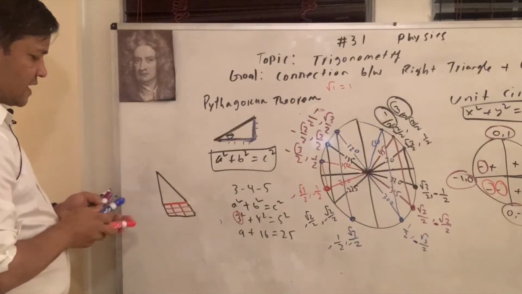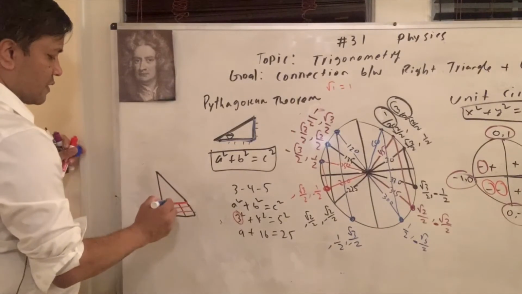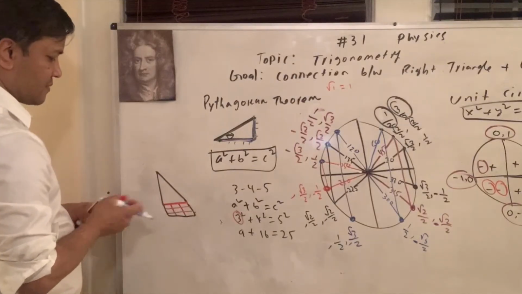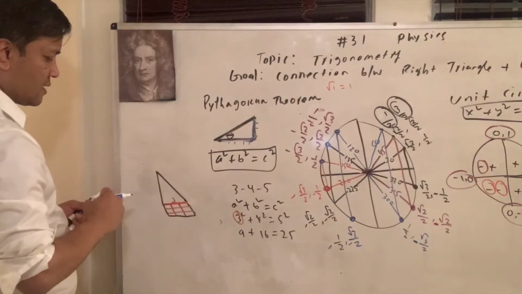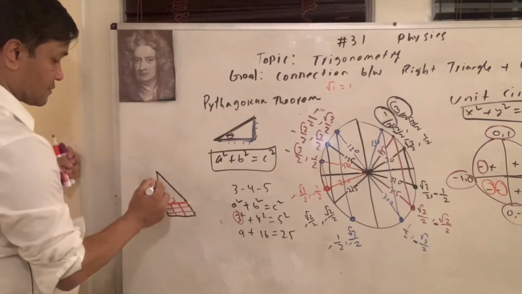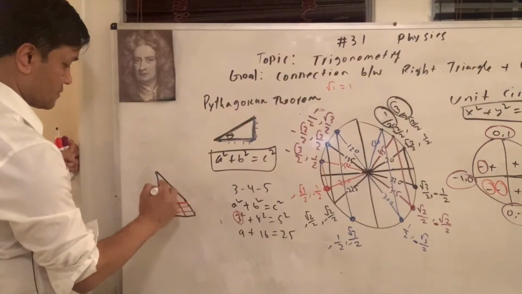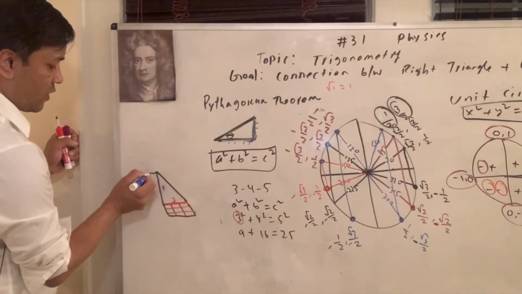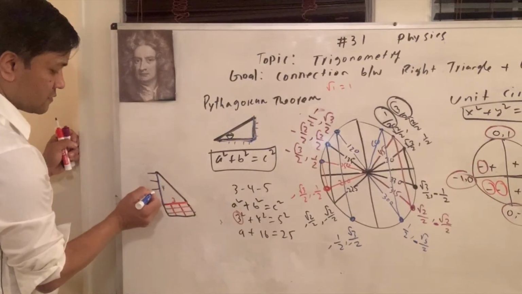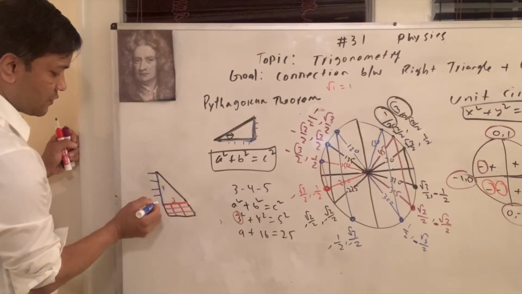This side is 4. This side was 3. So 3 square is 9. So this side is 3. This side is 4. Alright, now 4 square is 16. So 1, 2, 3, 4.